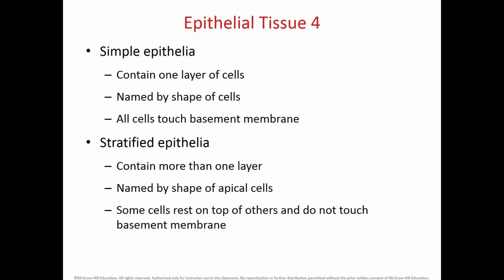According to the number of layers, the epithelia will be classified as simple if you only have one layer of cells and all the cells touch the basement membrane. Now, if the epithelia has more than one layer of cells, it is going to be called stratified, and some cells will touch the basement membrane, but others do not.